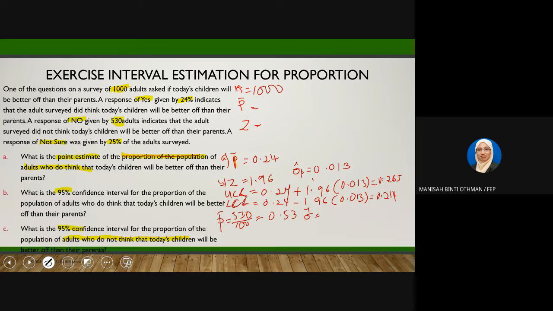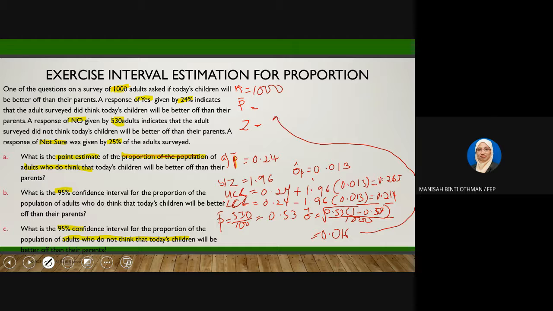The standard error of the proportion is the square root of 0.53 times (1 minus 0.53), divided by 1000. Okay, so this is 0.016.